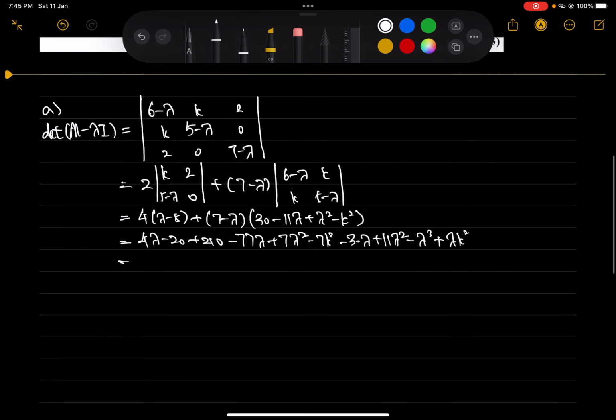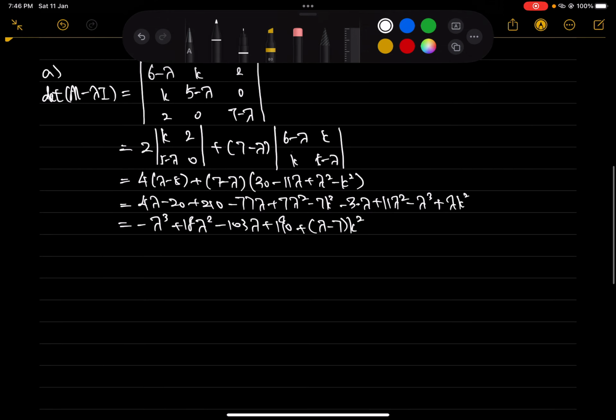And we group the terms in terms of lambda because I want a function of lambda, so it will be easier. That's 18. Minus 107 plus 4, 190, squared.